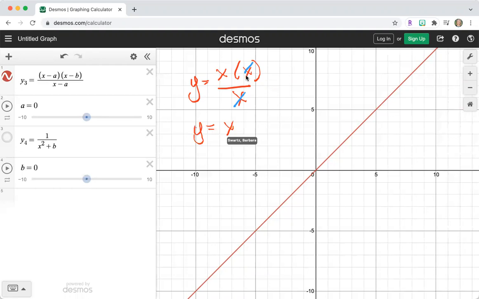However, while this is what the graph looks like, because it started off with x in the denominator, we need to put the stipulation that x cannot be 0, because even though we simplified it a little bit, this was still the original function with x in the denominator. We have to clarify that in this simplified version of this rational function.